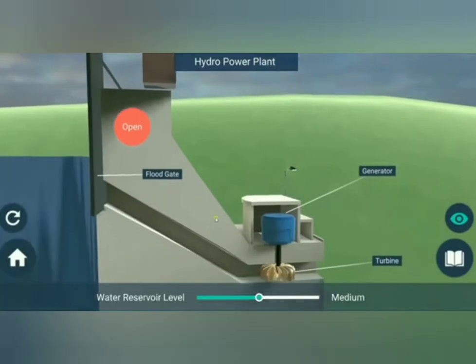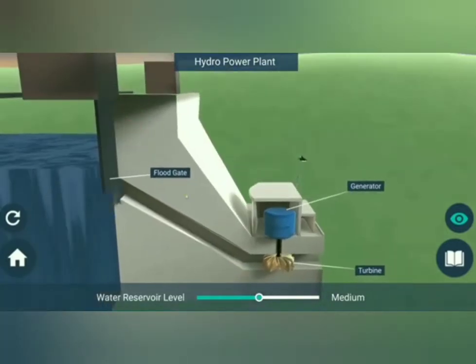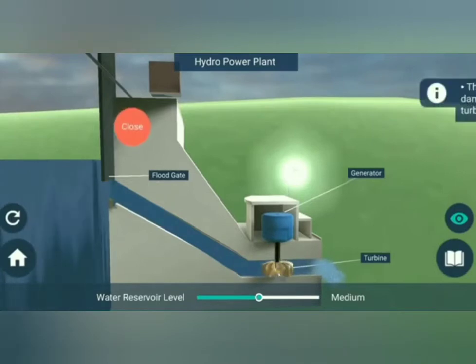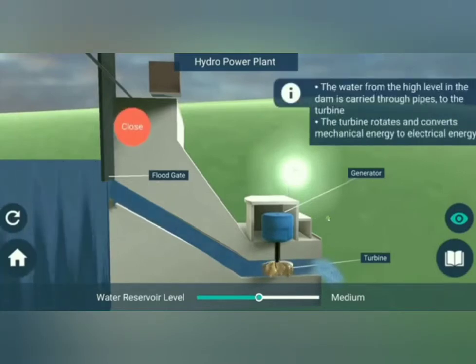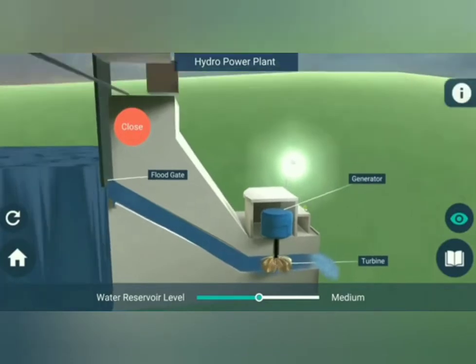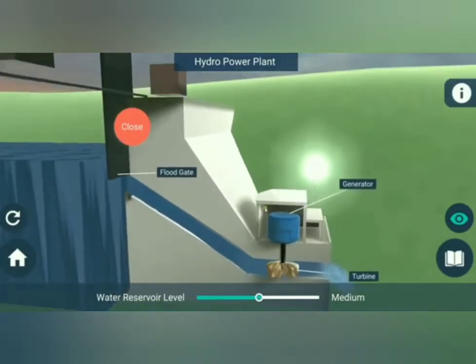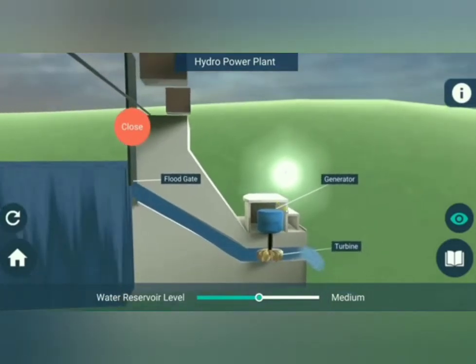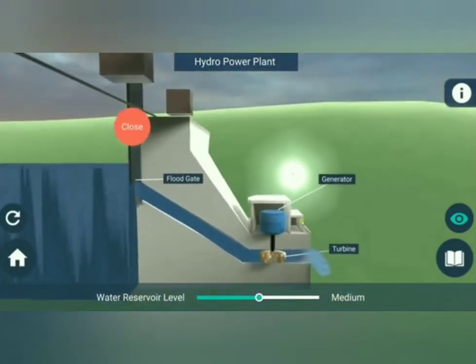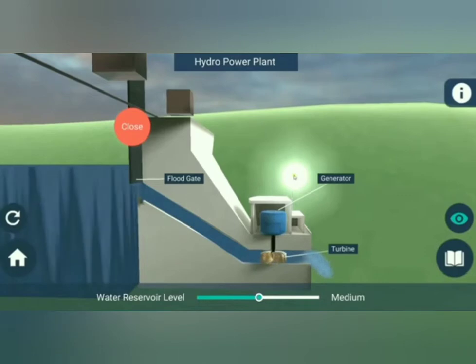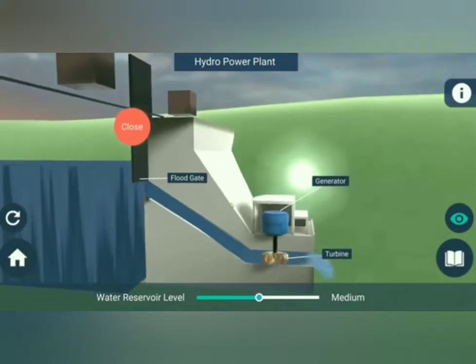Here we can observe the water flowing with high energy when the gate opens, and the turbine starts to rotate. When the turbine rotates, it rotates the generator. The generator converts the mechanical energy into electrical energy and lights the lamp, and this is how we get electrical energy from a hydro power plant.